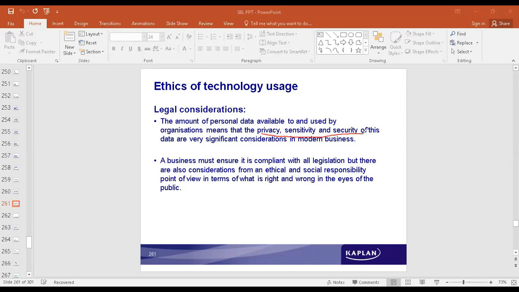We also see that of late there are certain social media sites on the social platforms whose owners are facing legal issues because of not maintaining the confidentiality and security of the data.